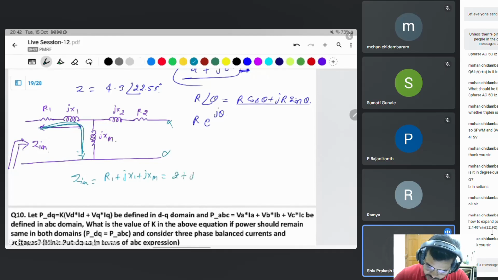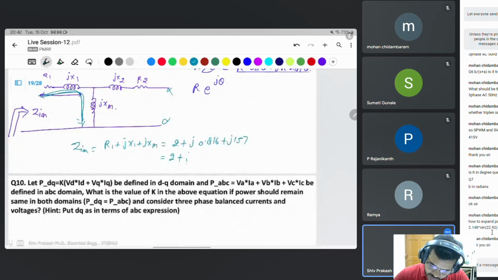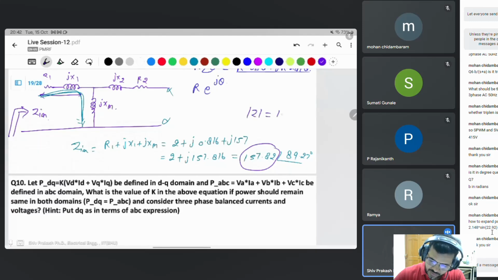That is 2 plus j 0.816 plus j 157, so 2 plus j 157.816. It's asking about the magnitude. The magnitude in this condition is 157.82.